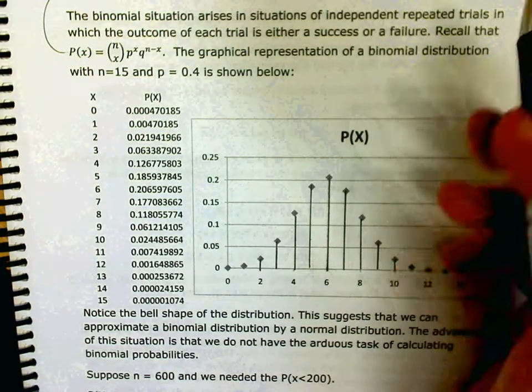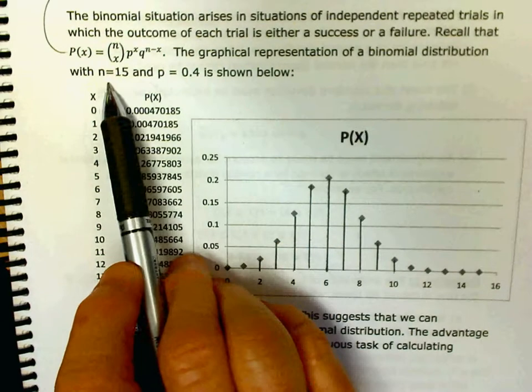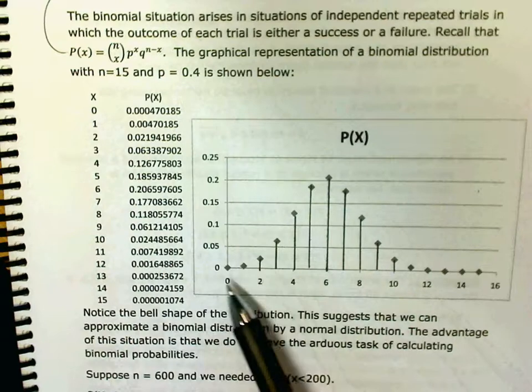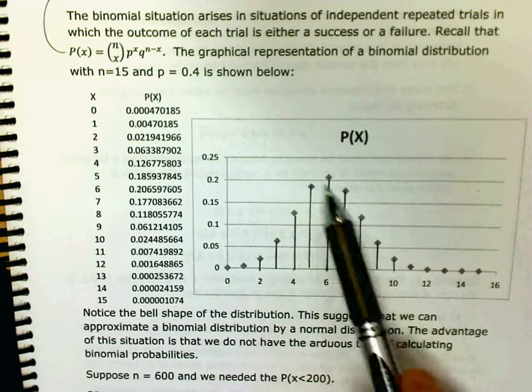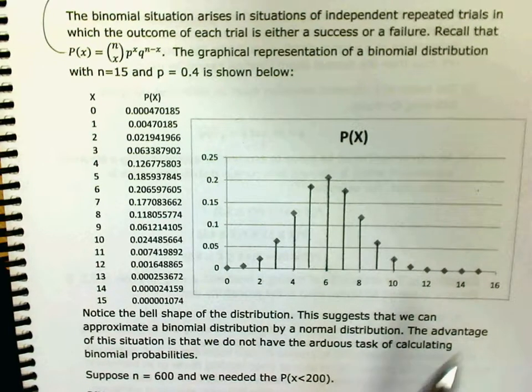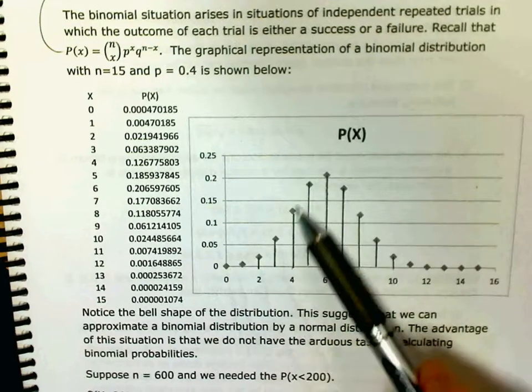So here's a graphical presentation of the binomial with n equals 15 and p equals 0.4. If we were to graph it, notice the shape. As n and p get larger, it becomes even smoother.